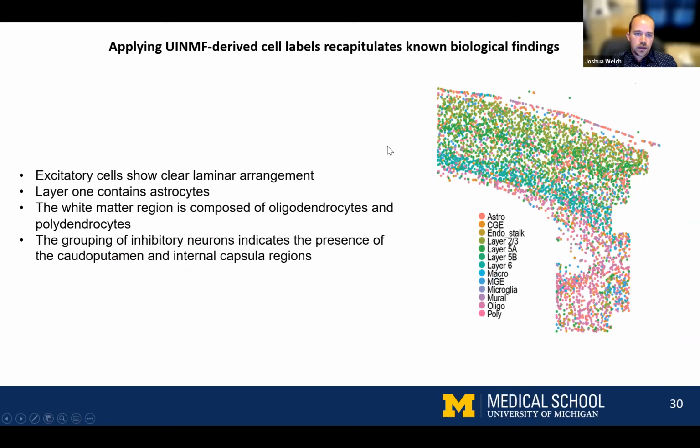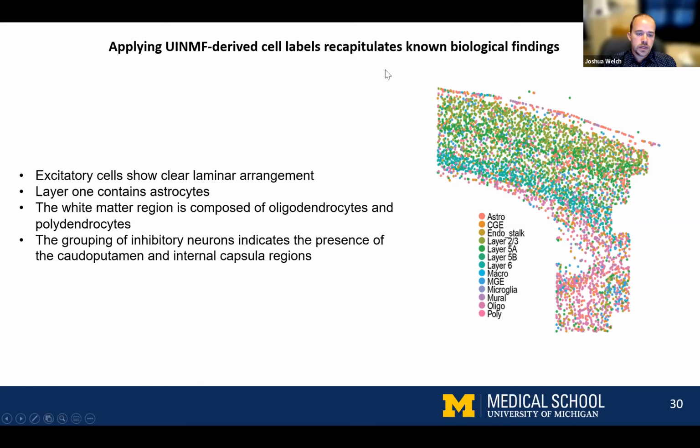And if we look at the labels for the osmFISH cells in their spatial context, we can again see that they have the expected biological features, including excitatory neuron layers, astrocytes in layer 1, which there's a special kind of astrocyte that we characterized in one of our previous papers.